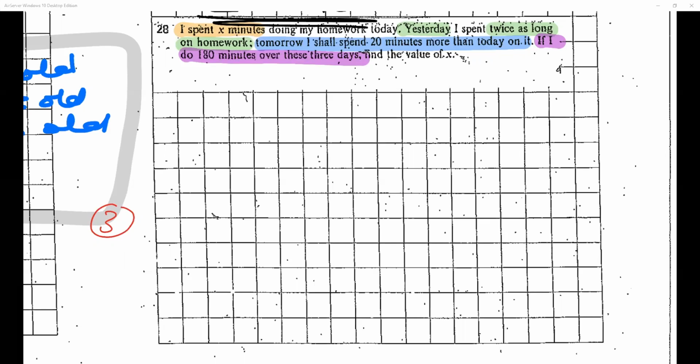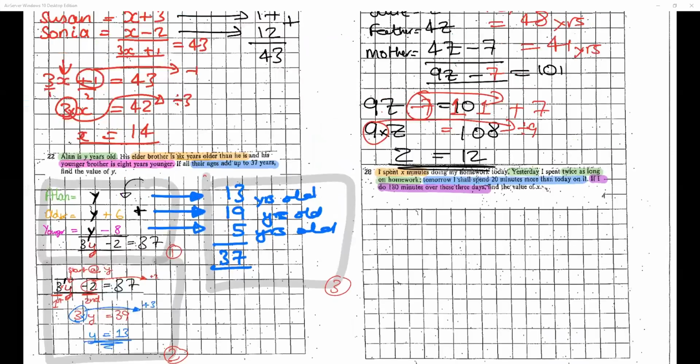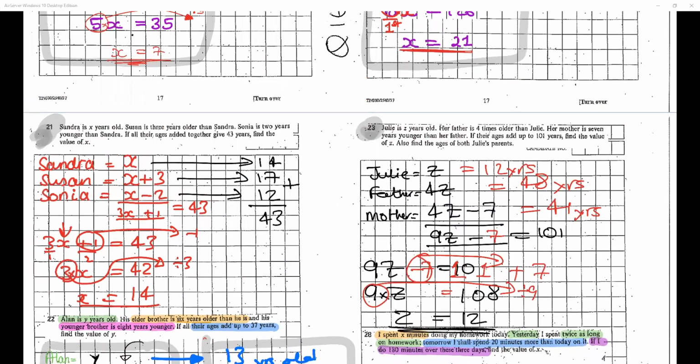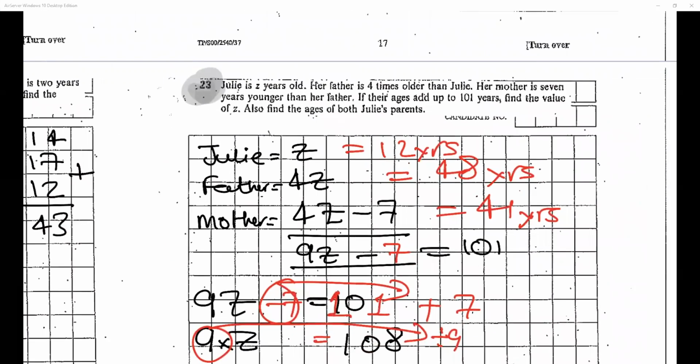It's just because of the way it's been printed and stuff, it just looks a little bit off. On 21, 23, half of the words are there, so I can't really read it. On number 21, 23. Yep. Let's have a look. At the top, it's like missing words, so I had to read it from there. Tried my best to. Number 23, Julie is Z years old. Her father's 4 times older than Julie. The first row was missing.